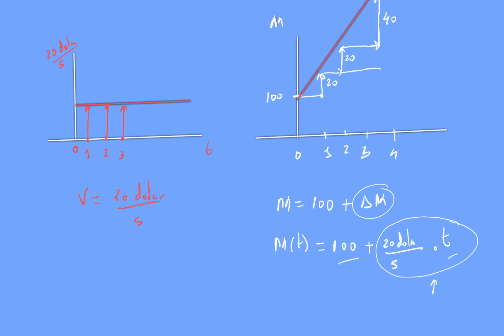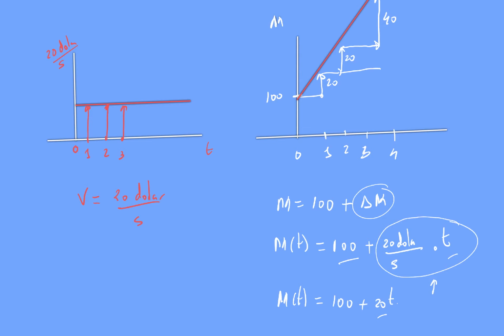What you earn is 20t. So the equation is that the money that you have is the initial money plus 20t. 20 is the slope of the graph of the money versus the time.